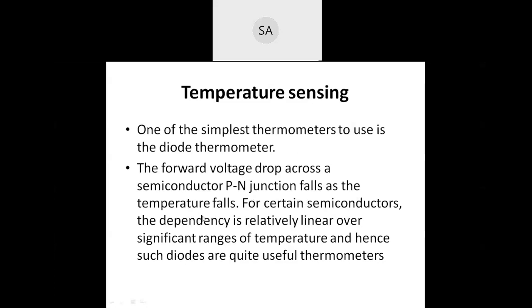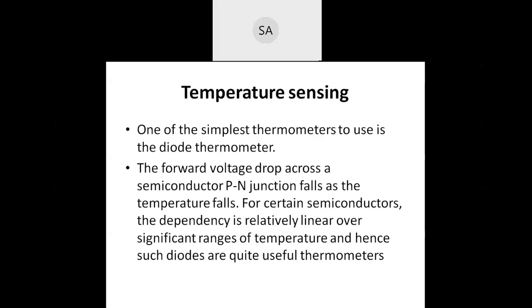So here the forward voltage across the PN junction decreases as the temperature decreases. For certain semiconductors, the dependency is relatively linear over significant ranges of temperature, and hence such diodes are quite useful thermometers.